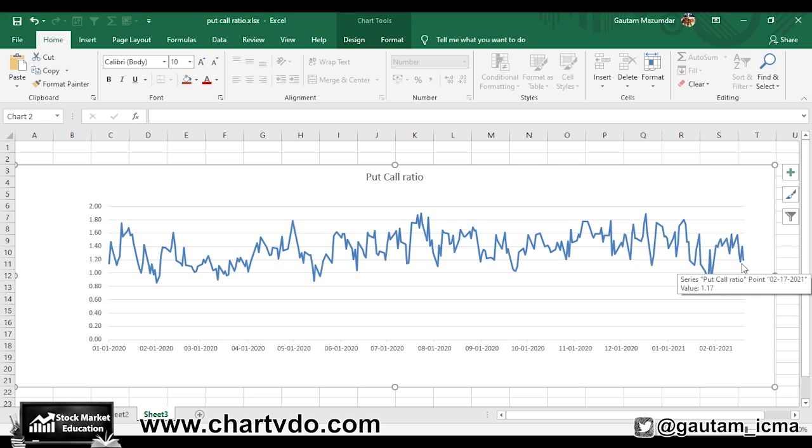There is certainly a shift of stance from the higher level to a lower level. Put call ratio stabilizing at a lower level is in a way a signal that perhaps the upside move might be over. Even if it is not over, even if the market does not go down in a major way, the upside also might be capped somewhere down the line.